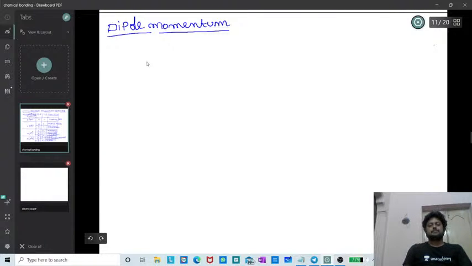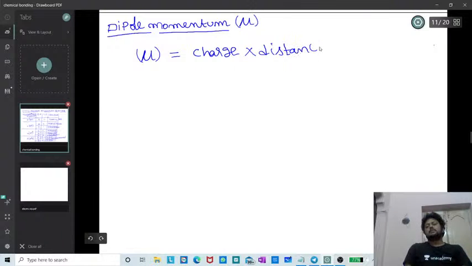Dipole moment is represented with the symbol mu. We define mu as the product of charge and the distance between the charges: charge q and distance d.